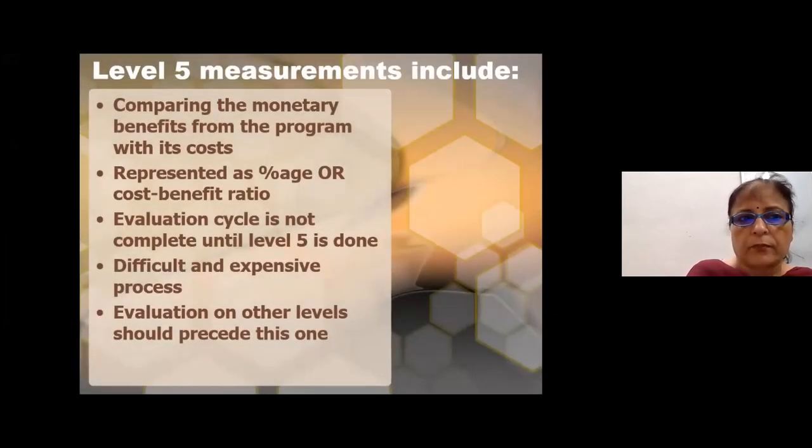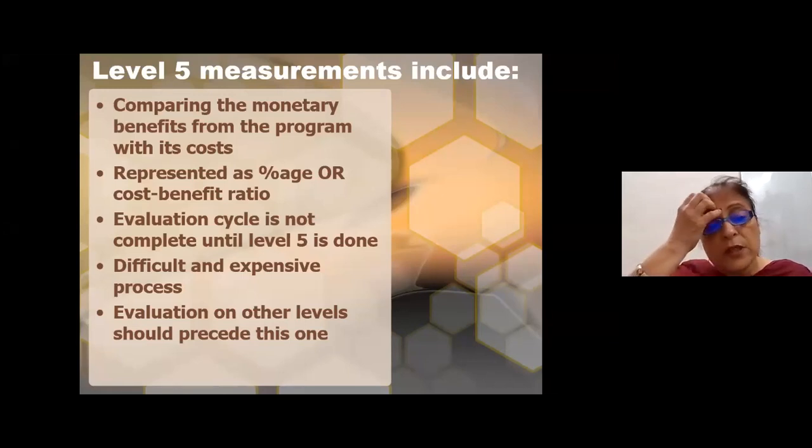Now, level 5 measurements, what do they include? Actually, it includes comparing the monetary benefits from the program with its costs. So you make a ratio of the benefits you get over the costs, and that tells you, and it can be given as a percentage, a cost-benefit ratio.